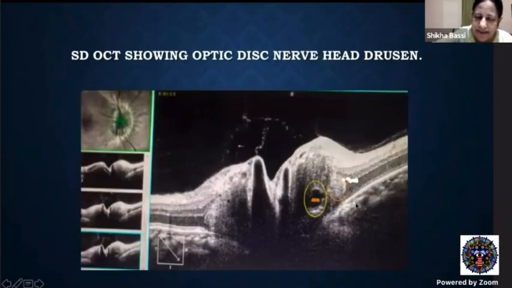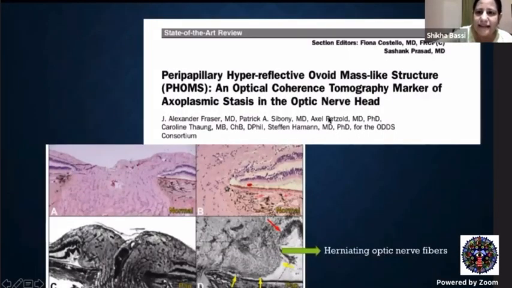And what we previously called buried drusen or the non-calcified drusen, the consortium has termed as peripapillary hyperreflective ovoid mask-like structures, or PHOMS, and they say that these are markers of axoplasmic stasis on the optic nerve head.